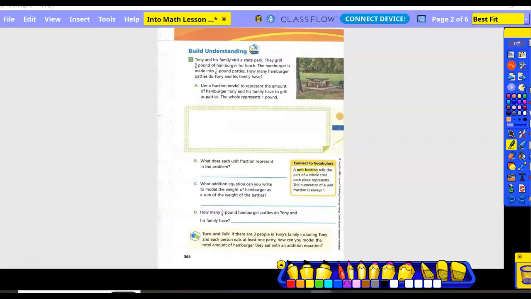Okay, so if we did a bar model, how many pieces would we break it into? And of that whole pound, how many are they going to use? So we have 5/6, right? How many are they going to use? 5 of them, right?